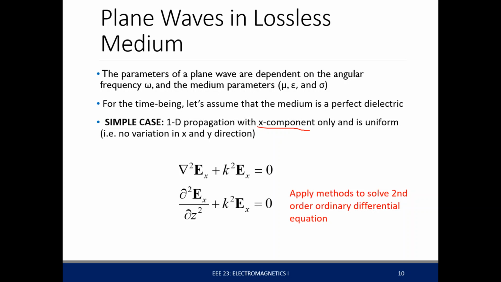If the electric field only has an x component, the Laplacian of an x component will result in this derivative right here. So it will be a differential equation in the z direction. So we apply our methods to solve a second order differential equation.